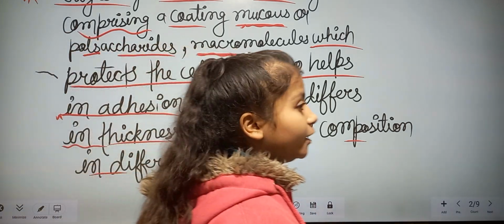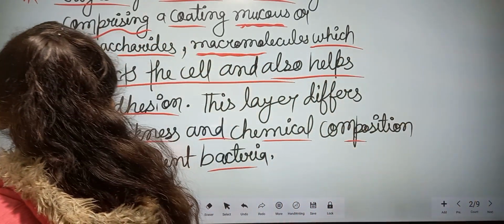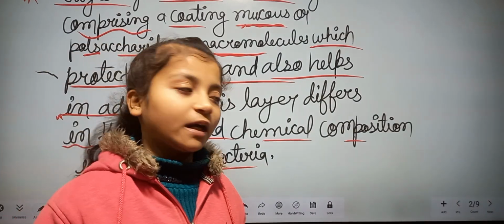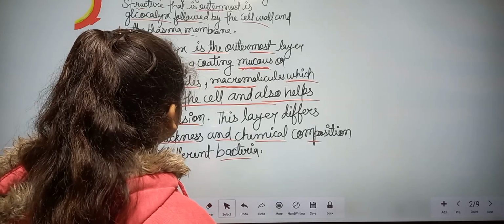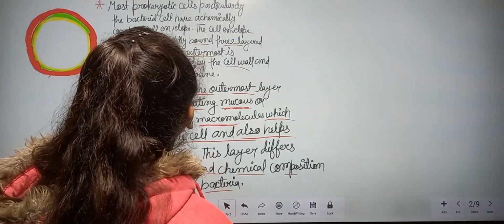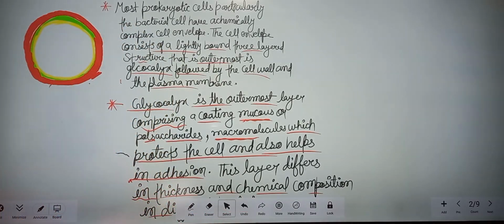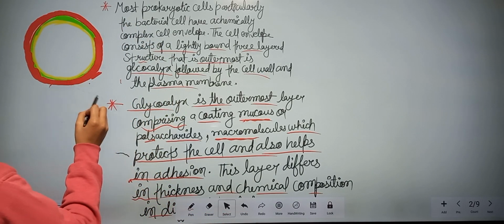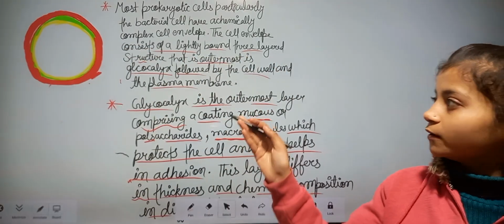It means glycocalyx has different functions in different bacteria. So these are some points about the cell envelope of prokaryotic cells: the outermost layer is called glycocalyx, the innermost layer is called plasma membrane, and the middle one is called cell wall.